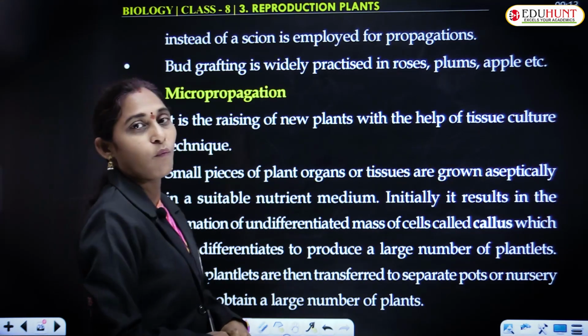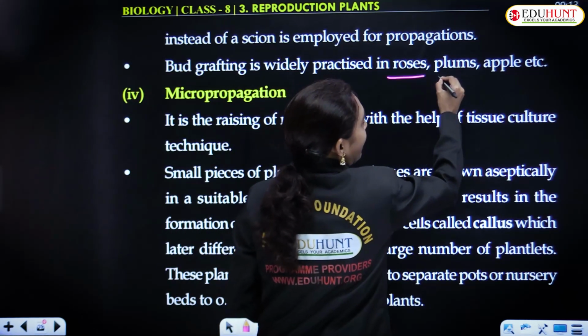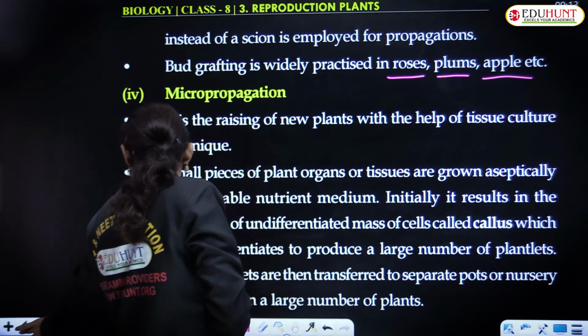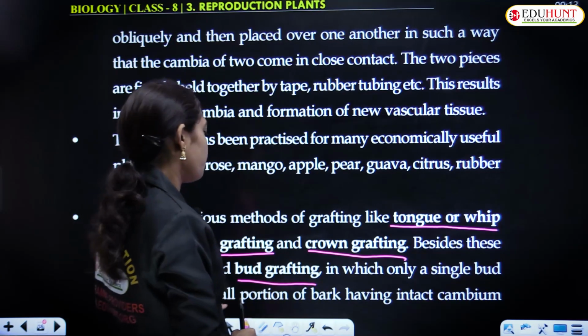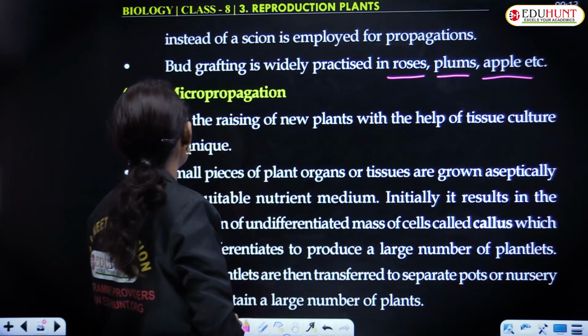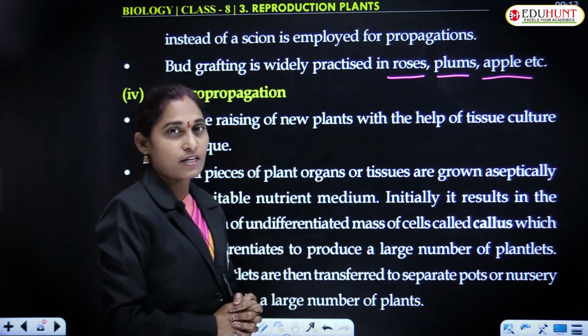Bud grafting is widely practiced, especially in roses, plums and apples, where a small portion of bark with intact cambium is inserted instead of a scion.